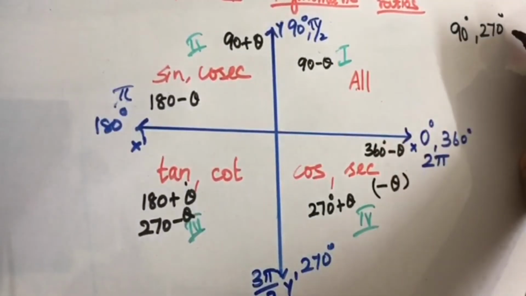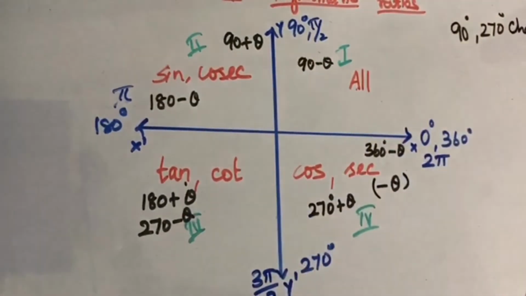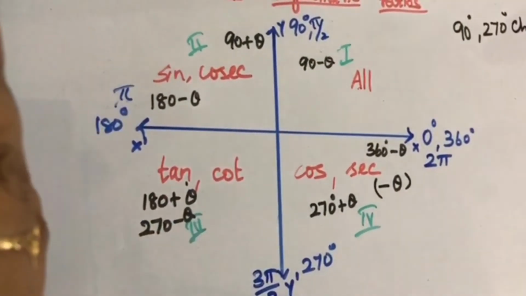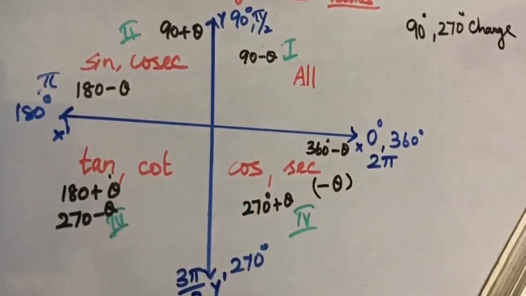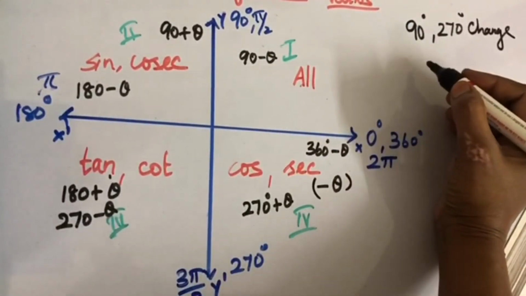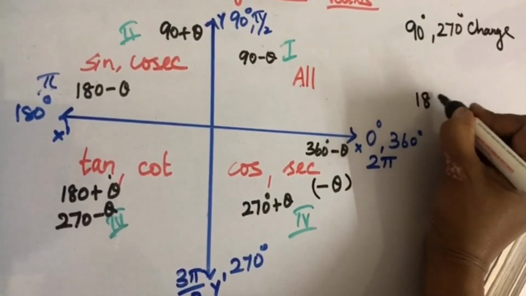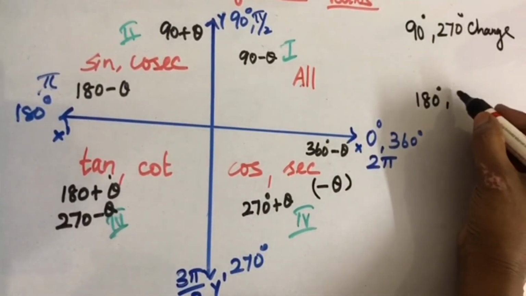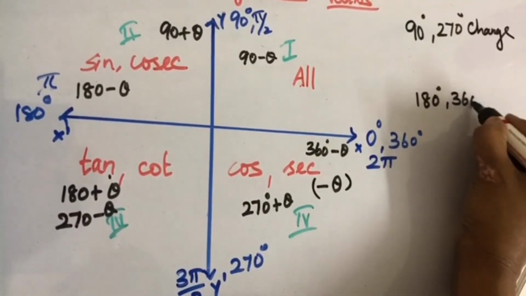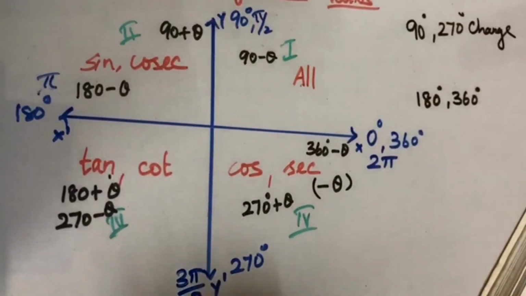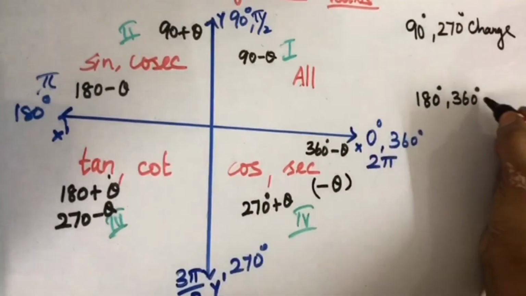So change occurs if it is 90 and 270. If it is 180 degree and 360 degree, there is no change at all.